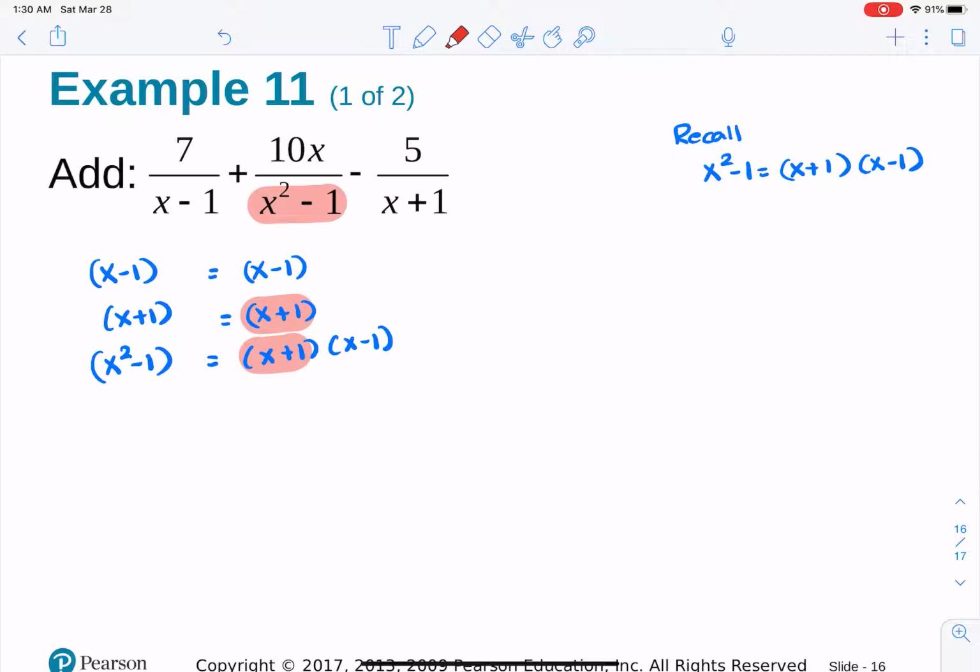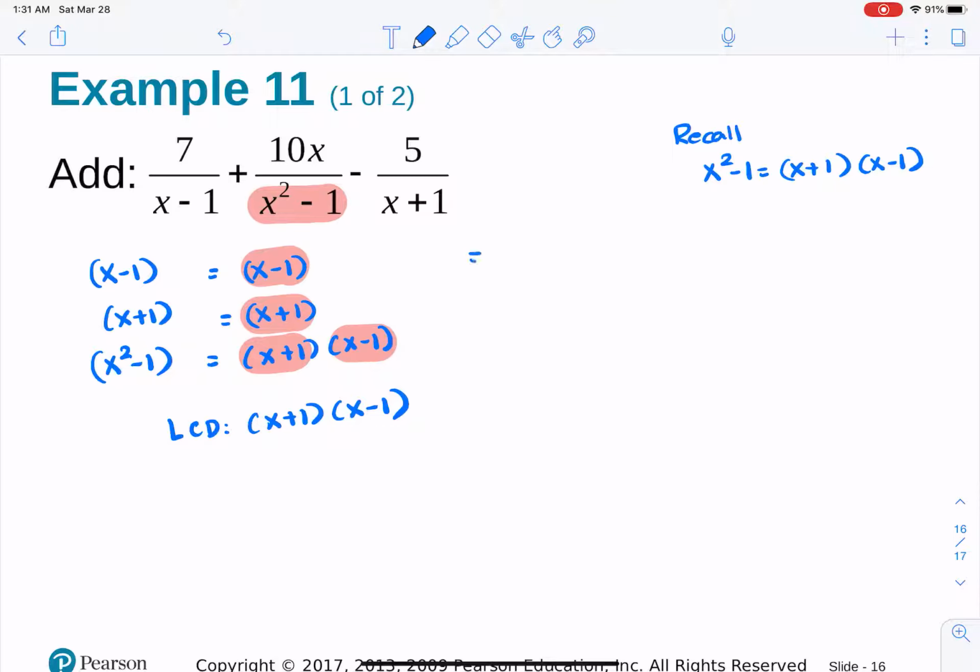And we have x minus 1 in common. So we wrote the common factors.